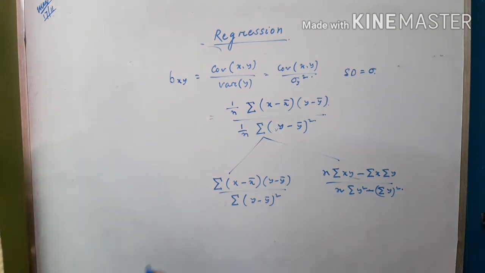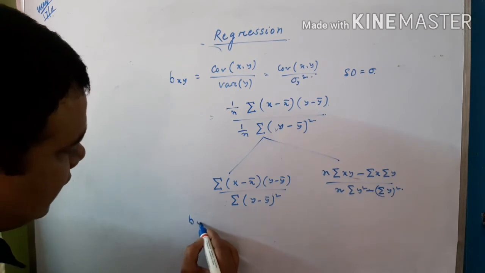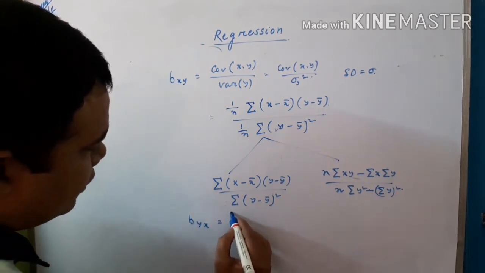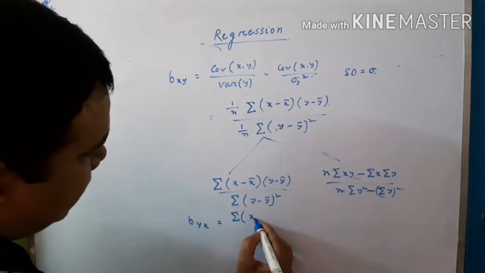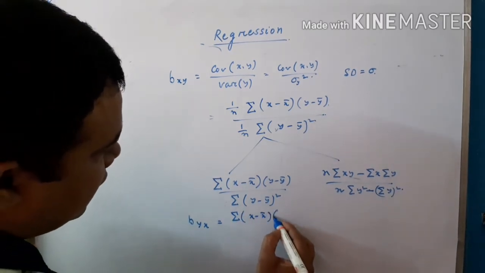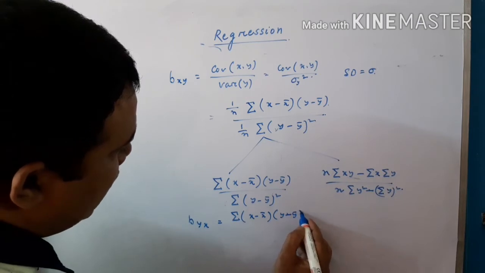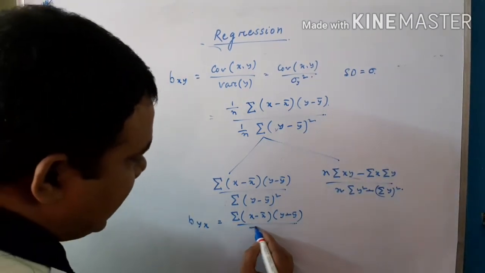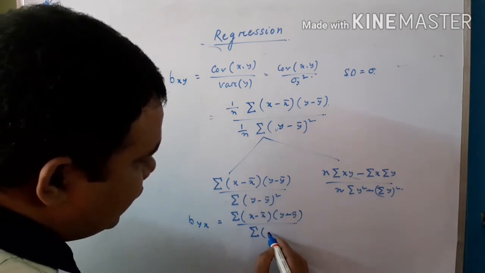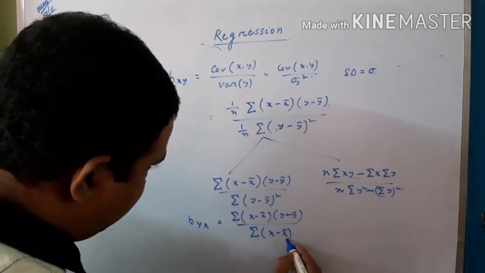Similarly, we can also write byx equals, either we can use the formula covariance of xy, that is x minus x bar into y minus y bar, by variance of x. So variance of x is to be calculated by using x minus x bar whole square.